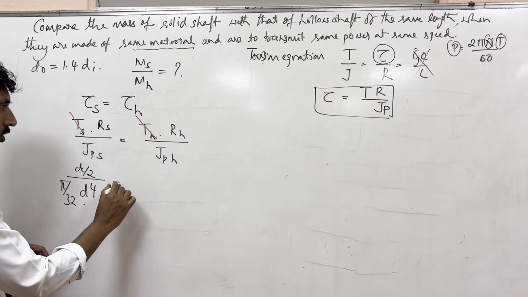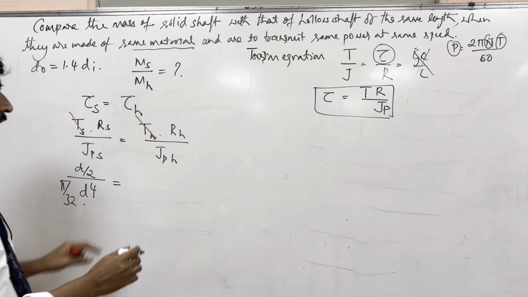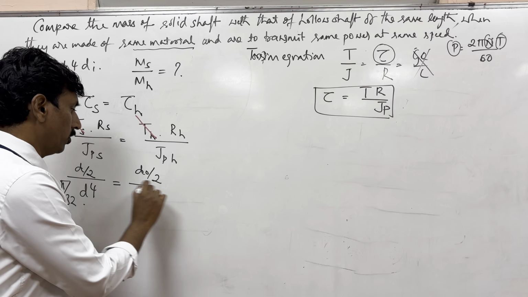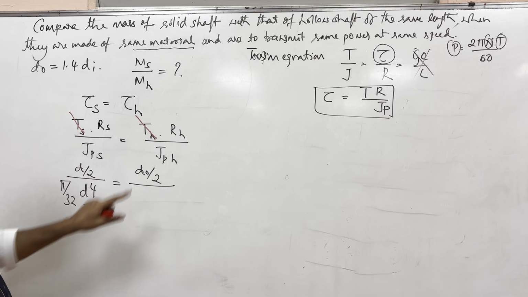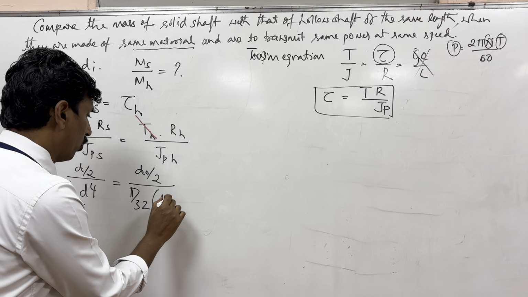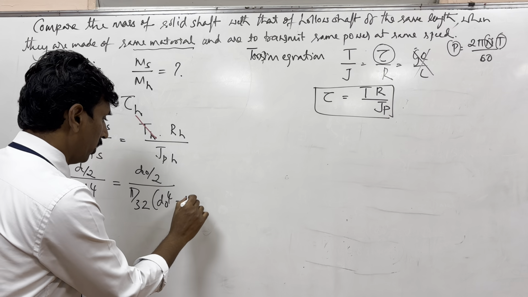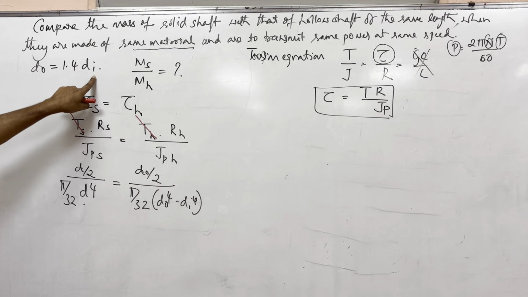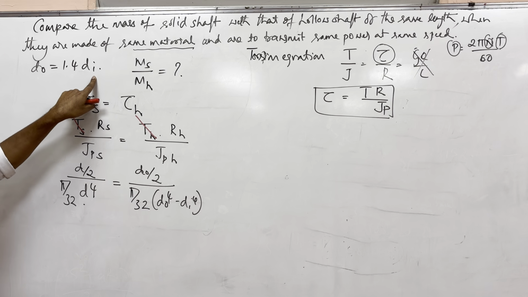RH of the hollow shaft can be written as D0 divided by 2, and Jp of the hollow shaft can be written as pi by 32 times D0 to the power of 4 minus Di to the power of 4. But here it is said that D0 is 1.4 times Di. So let us substitute this here.